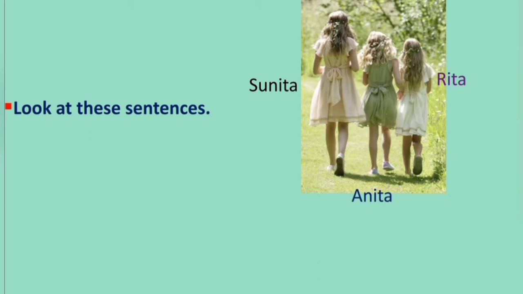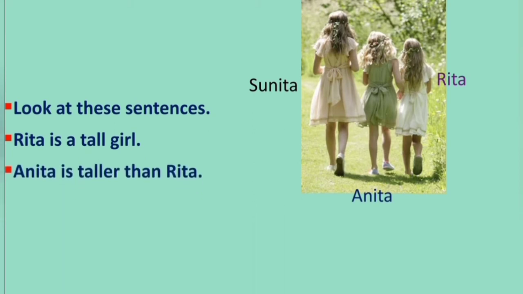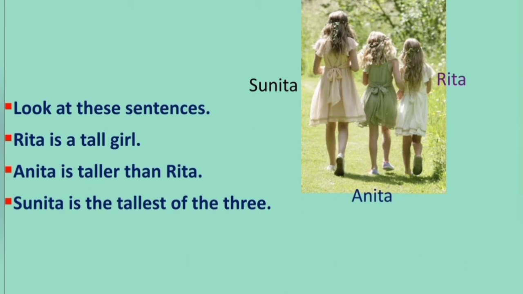Look at this picture. You can see there are 3 girls in this picture: Sunita, Anita, and Rita. And you can see their sizes are different. Now look at these sentences, students. Rita is a tall girl. Anita is taller than Rita. Sunita is the tallest of the 3.